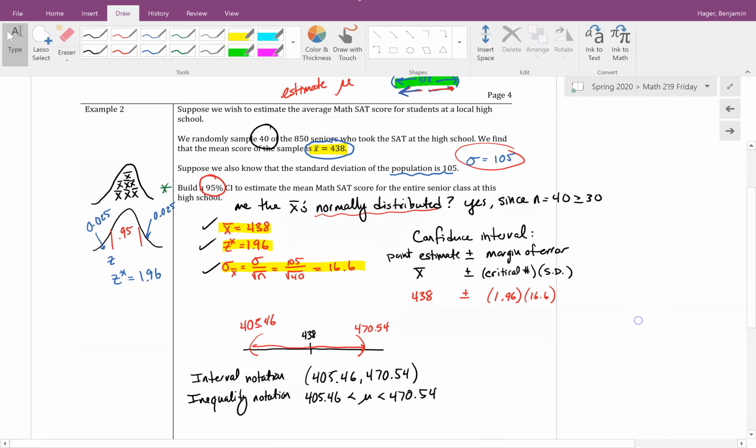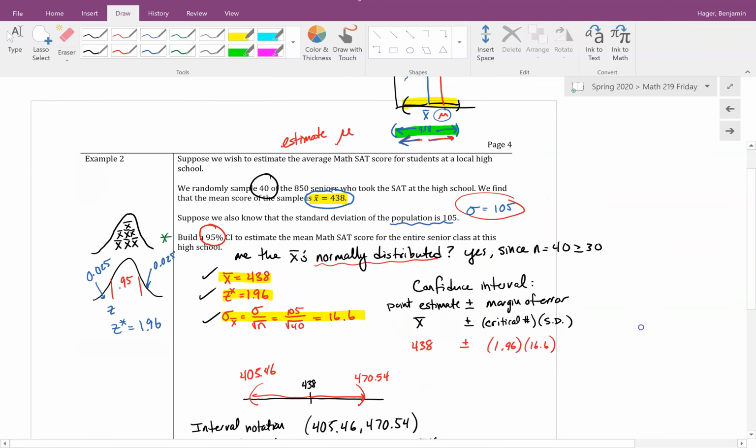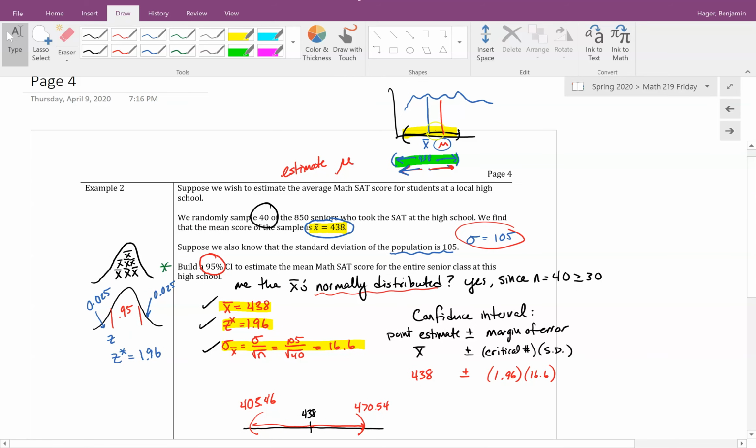Let me jump back up to this picture I drew earlier. We want to know this population mean. We figure it out by finding a sample mean and adding standard deviations. Based on our level of confidence, we added 1.96 standard deviations to the right, subtracted to the left, and we got these values, 405 and 470 something.